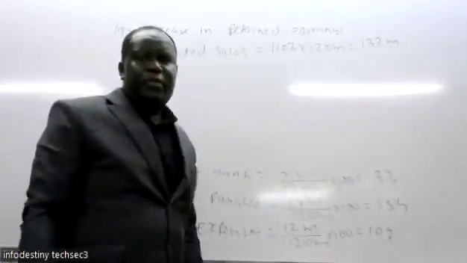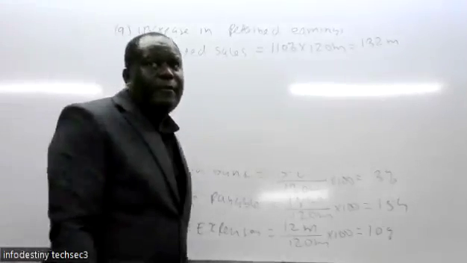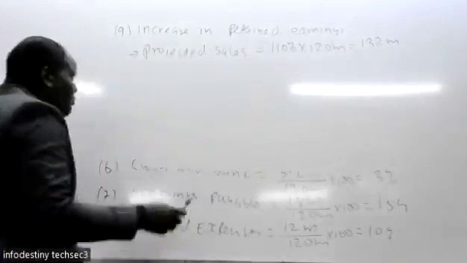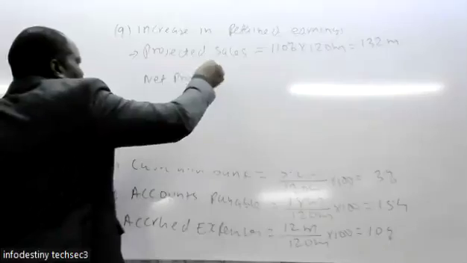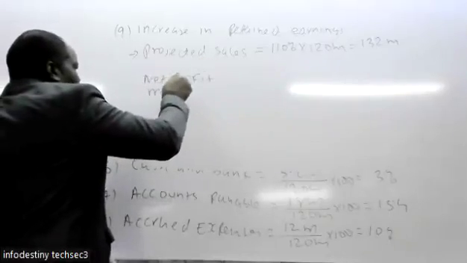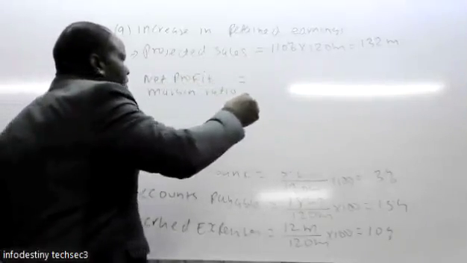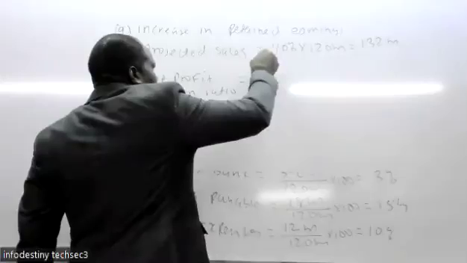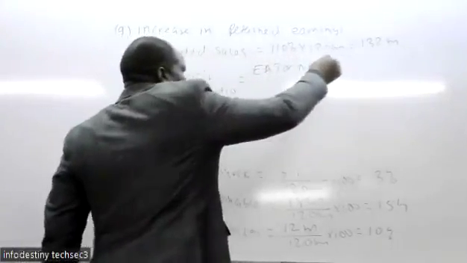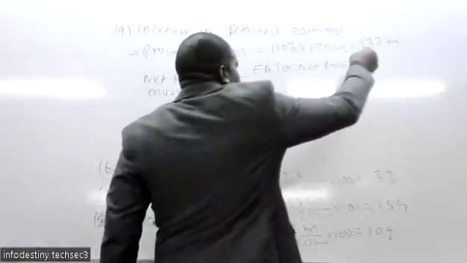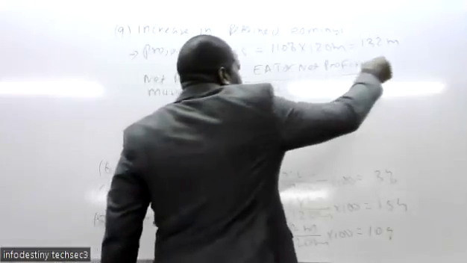Then we also need to get the net profit margin ratio. To calculate the net profit margin ratio, it is given by the earnings after tax, or the net profit, divided by the sales.